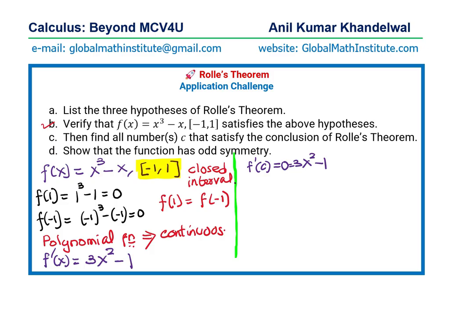So that means 3x squared equals 1, which gives you the value of x equals plus and minus square root of 1 over 3, correct? So that is c. So c is equal to this value of x.